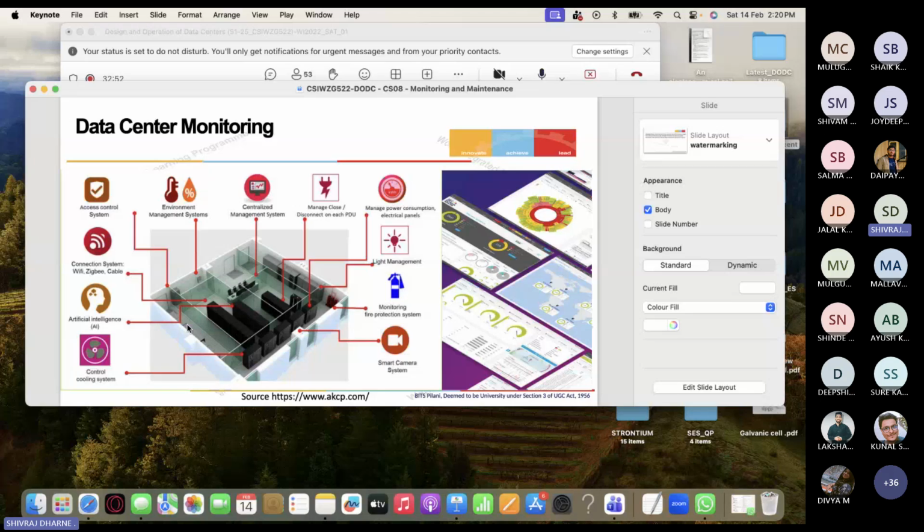Is that fully functional? You manage everything from a power delivery perspective, including power consumption, light management. All these systems are there to ensure that the data center is running to its full capacity, with whatever features we have added. So we have to monitor everything related to the data center functioning.